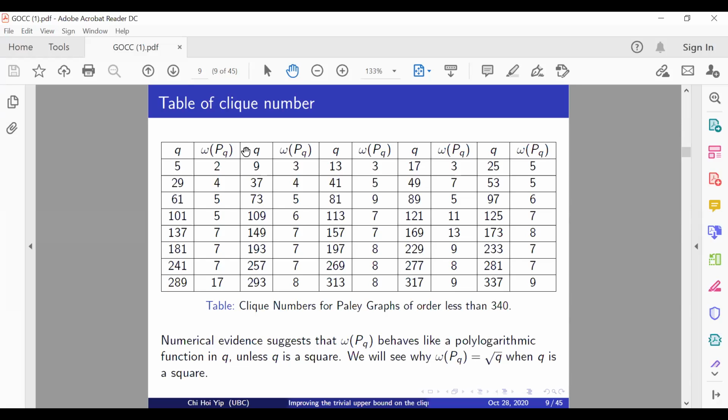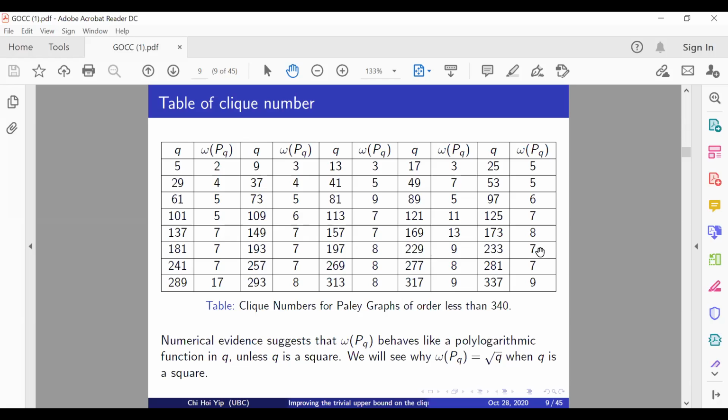Yeah, I think the short answer is that the quadratic residues modulo a certain prime behave very differently for different primes. For example, where p is 229, the clique number is 9, and when p is 233, the clique number is 7.